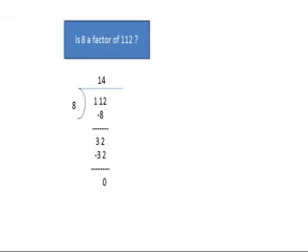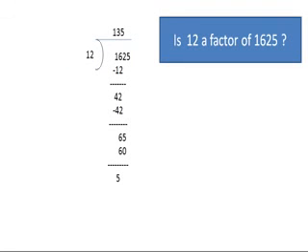Similarly, I have taken another example, and that is, is 12 a factor of 1625? Similar method करेंगे हम, 1625 को 12 से divide करेंगे. पर जब हम ये करते हैं तो हम देखते हैं कि हमारे पास remainder 5 बच रहा है. That is 1625 is not a factor of 12. जब हम 1625 में 5 और add कर देंगे, that is we make it 1630, तब वो 12 का factor हो जाएगा.